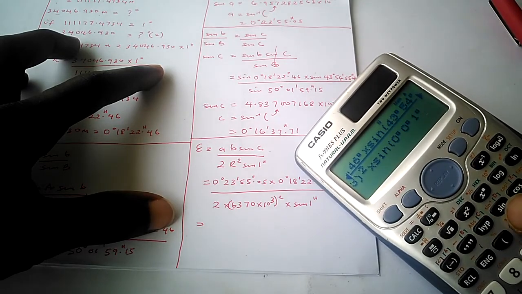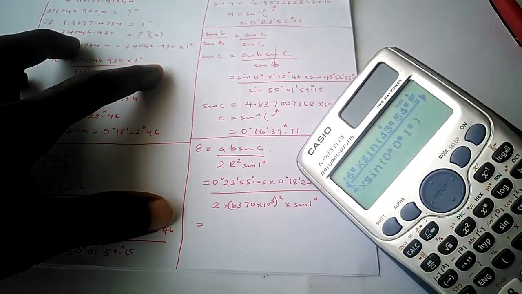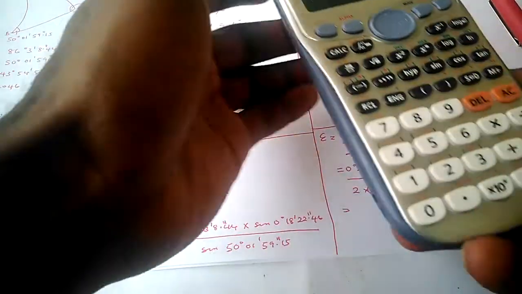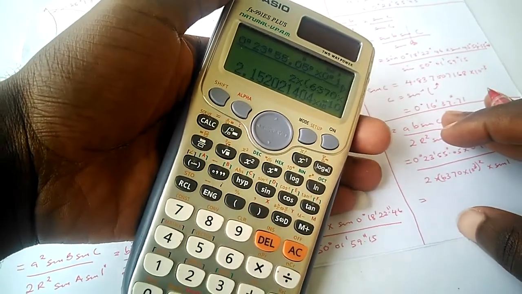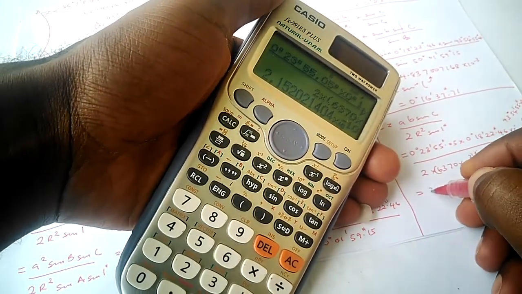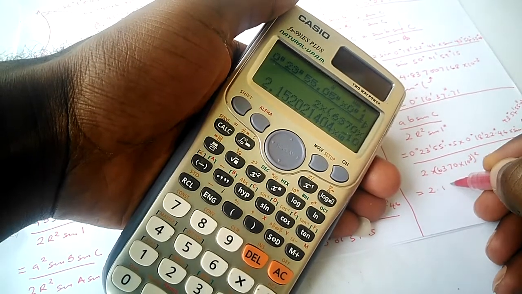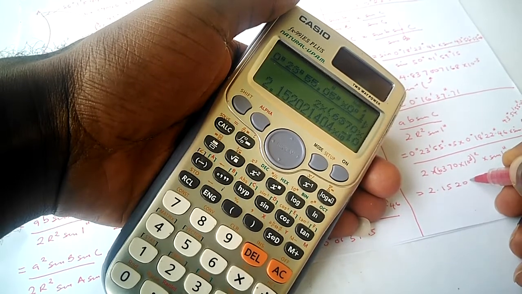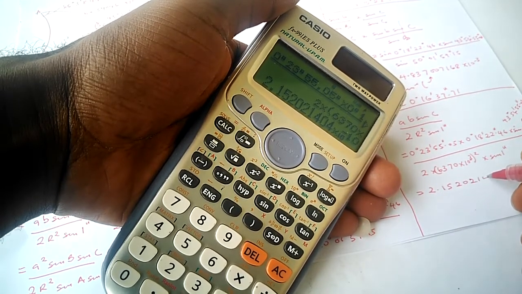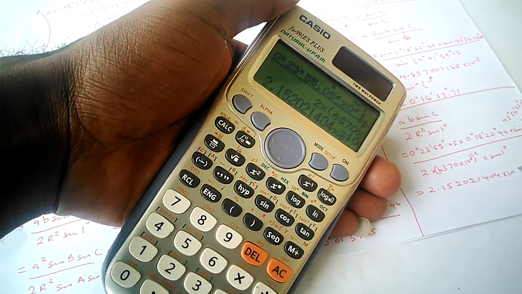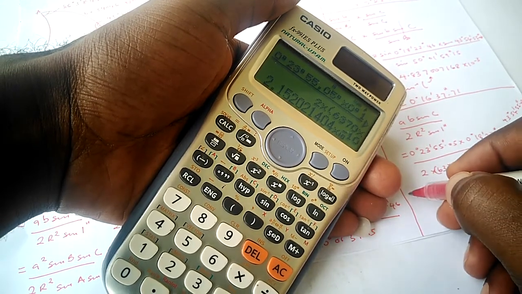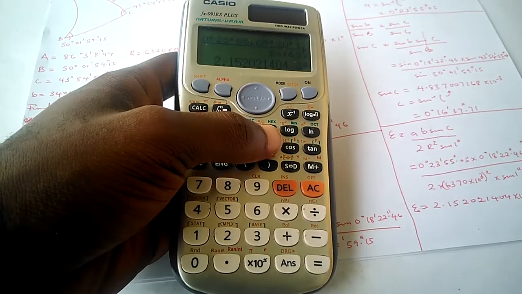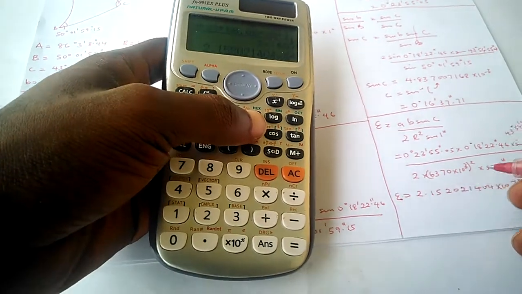So the spherical excess will come out as 2.152021404 times 10 raised to power minus 10. So this will be the value for the spherical excess.